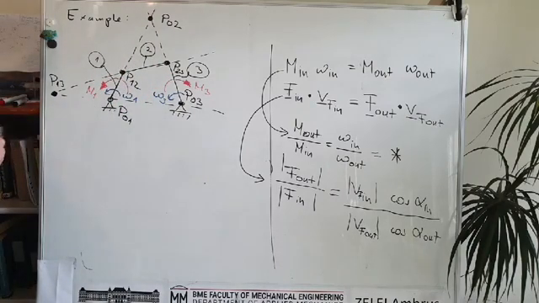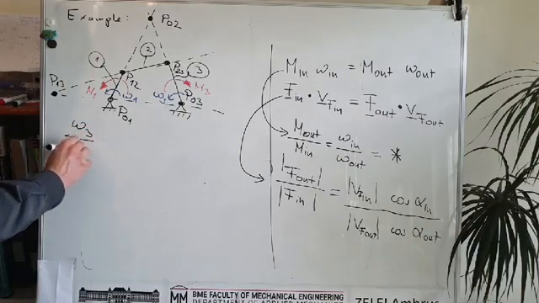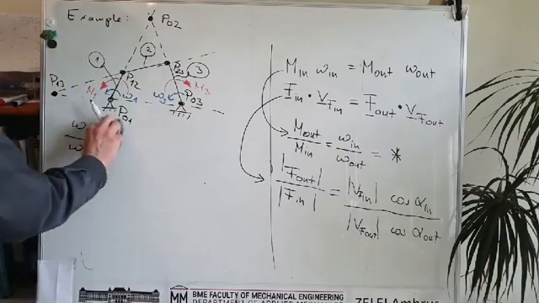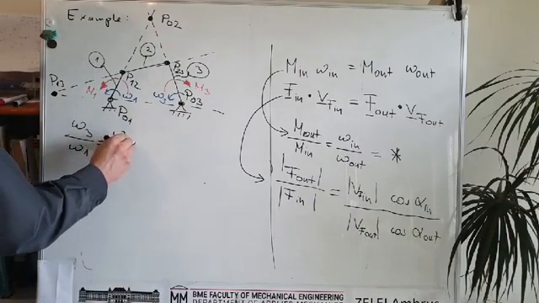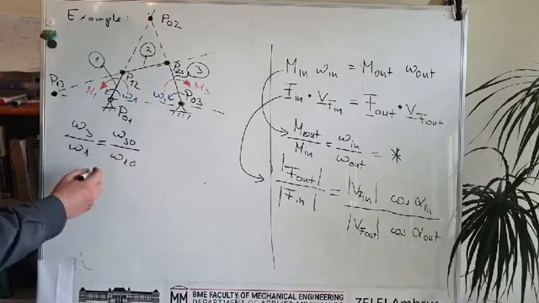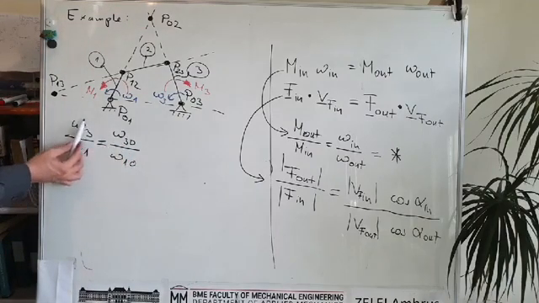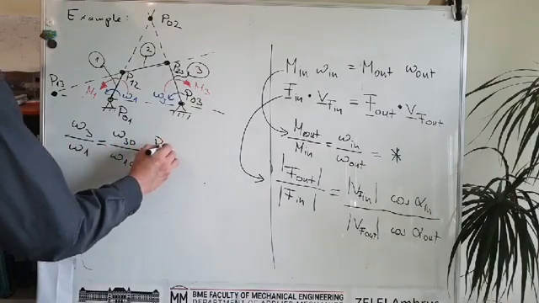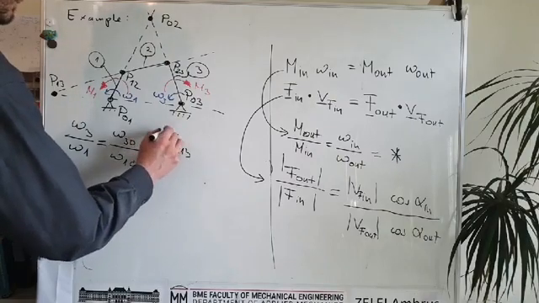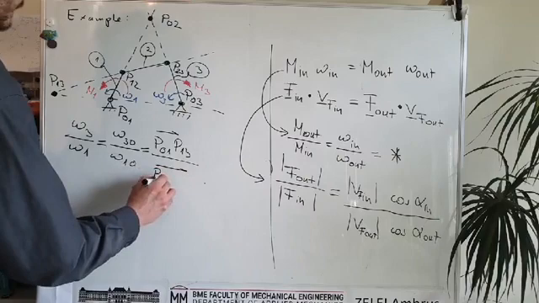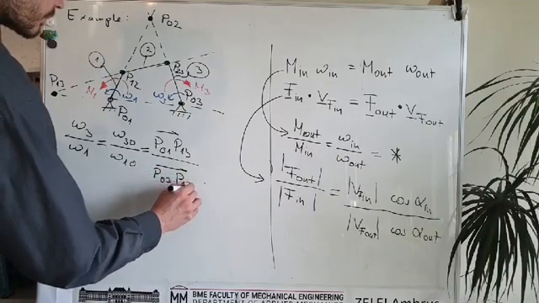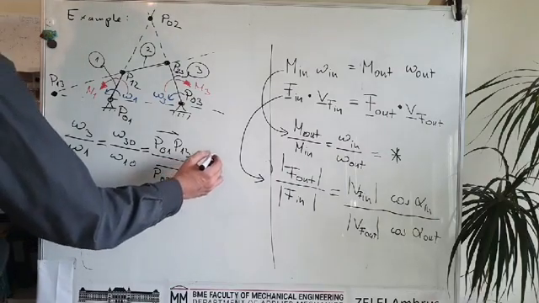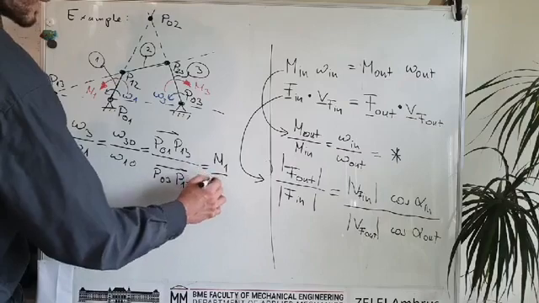So finally we can say that omega 3 over omega 1, which is basically omega 30, a velocity relative to the ground, so it is actually equal to the absolute angular velocity, is equal to P01, P13 over P03, P13 distance, and this is also equal to M1 over M3.